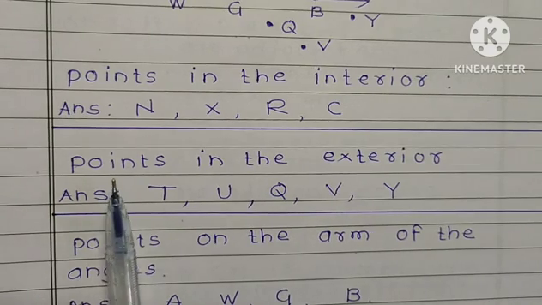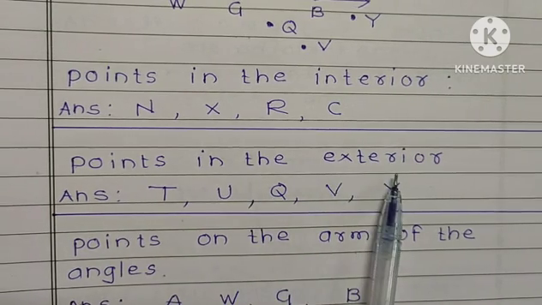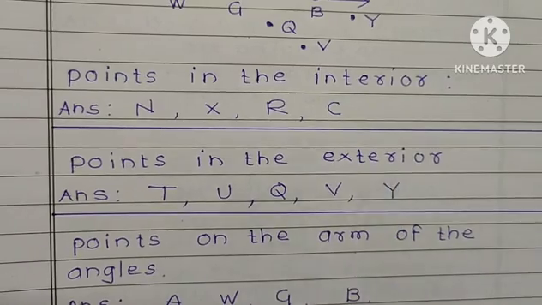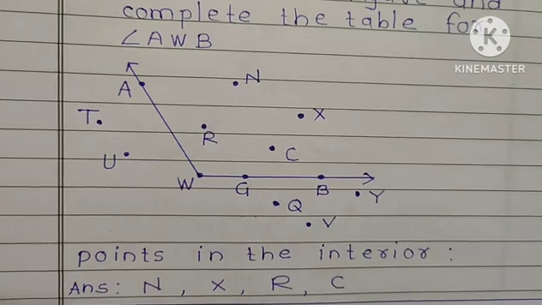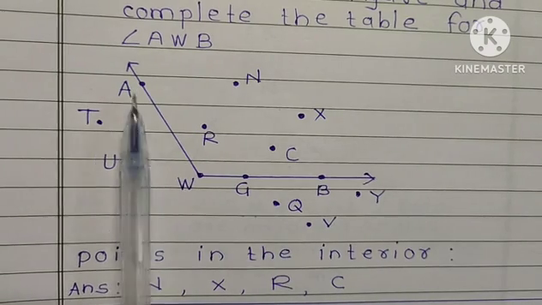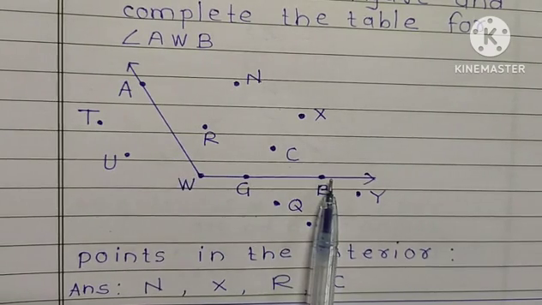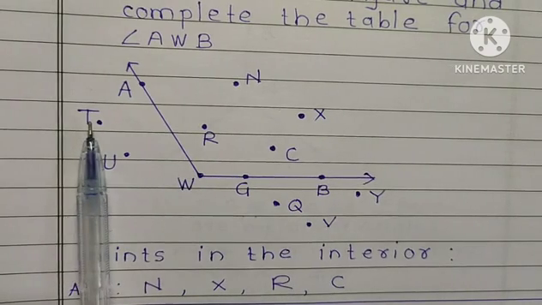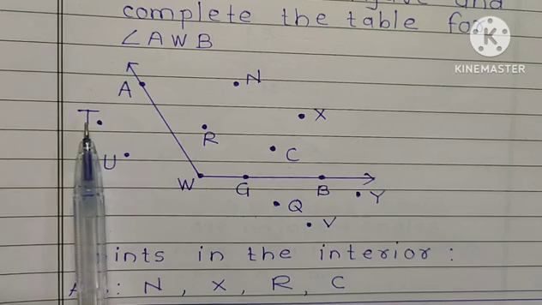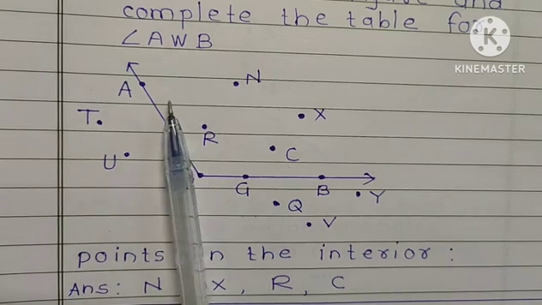Second, points in the exterior. So, this is angle AWB. Now, points in the exterior, that means this part.